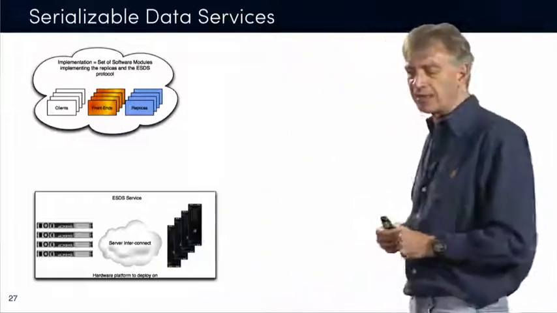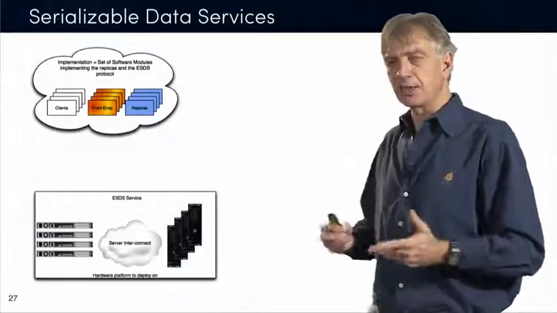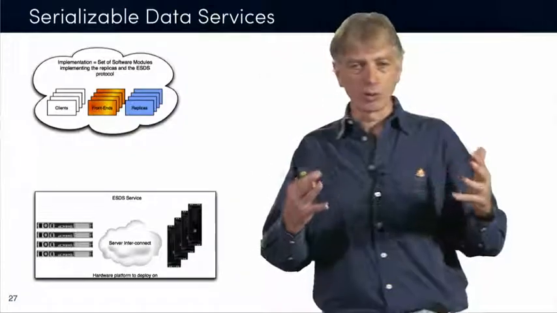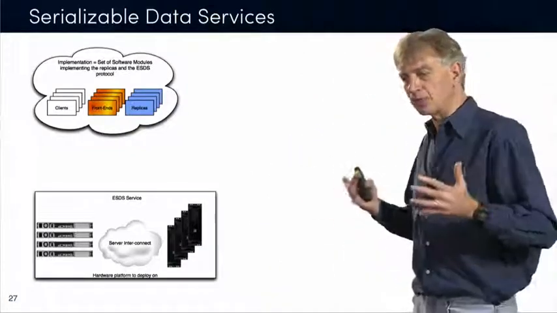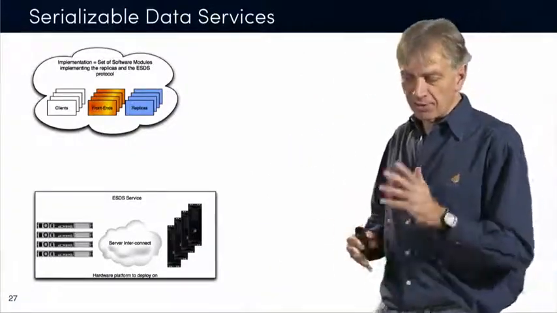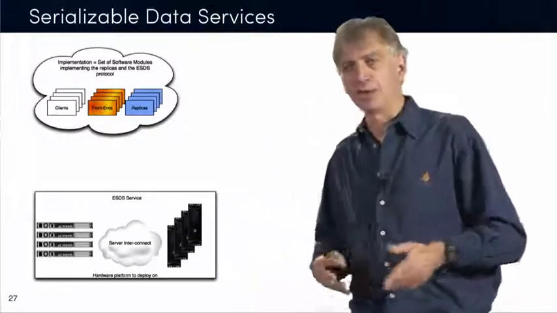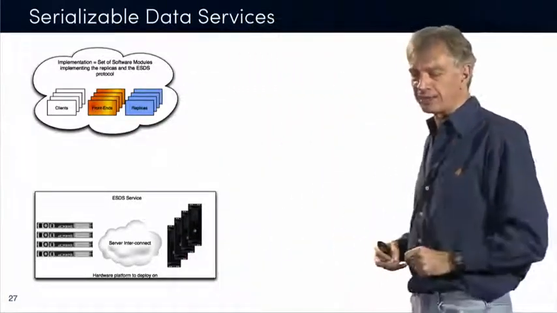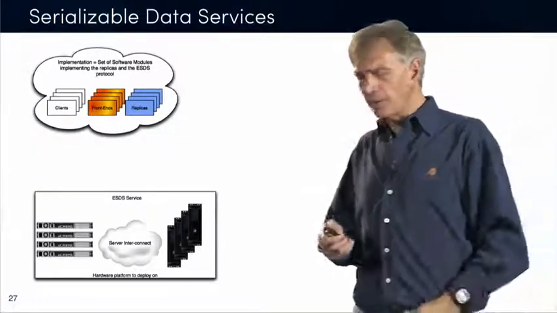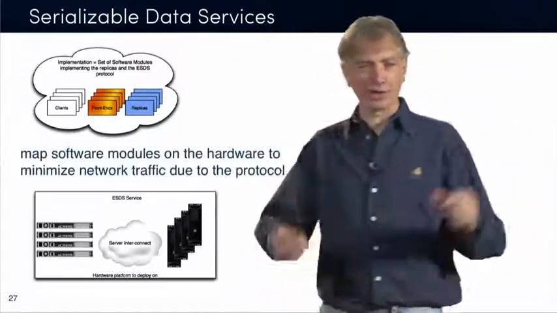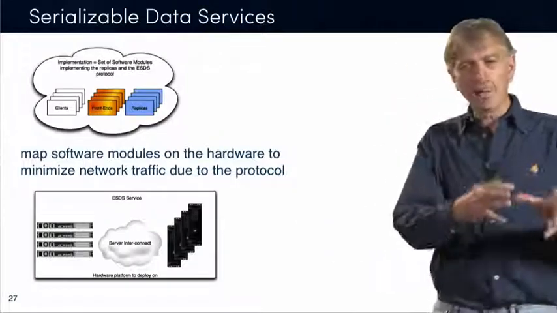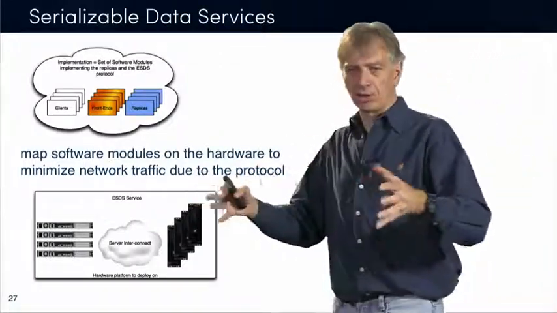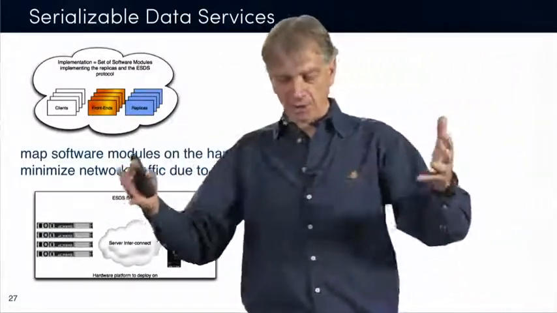So it's called serializable data services, and it's essentially implementing a protocol that gives you software which is reliable. Okay, so this is something that we did with some colleagues at UConn, and the protocol that we were trying to implement is called eventually serialized data services. And the way to think about this is that you have a set of components, software components that you have to map on a set of machines, so a set of hardware.